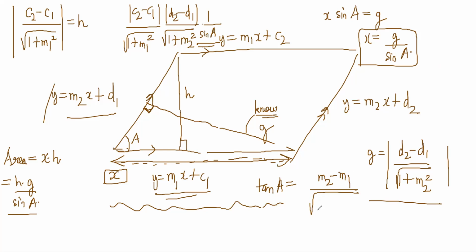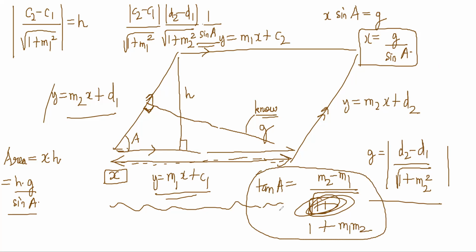Tan A is equal to (m2 minus m1) by (1 plus m1 m2). So sine A, if you simplify it, you understand what I'm doing? The perpendicular is m2 minus m1, the base is 1 plus m1 m2. Sine A is perpendicular by hypotenuse.